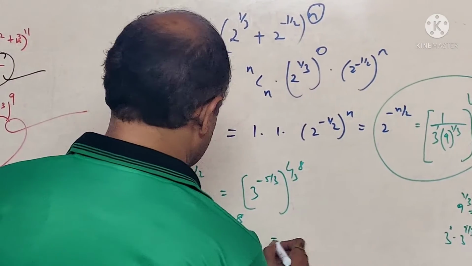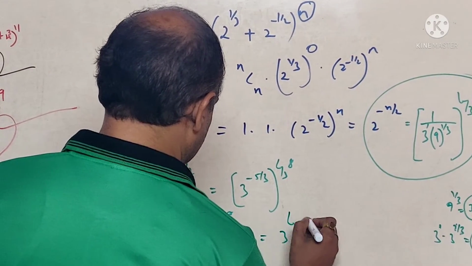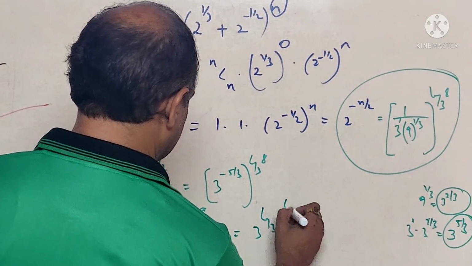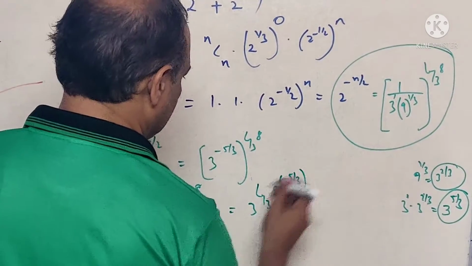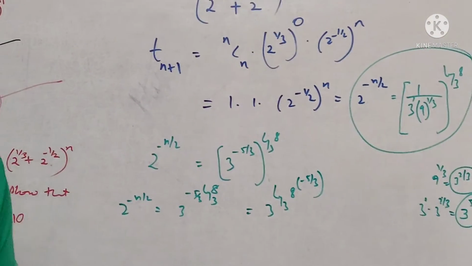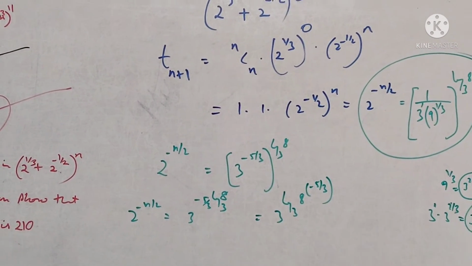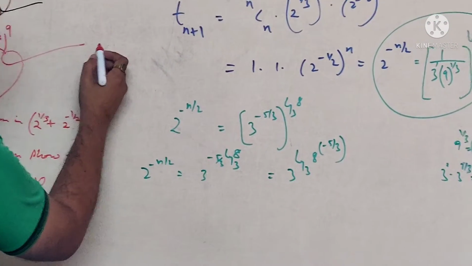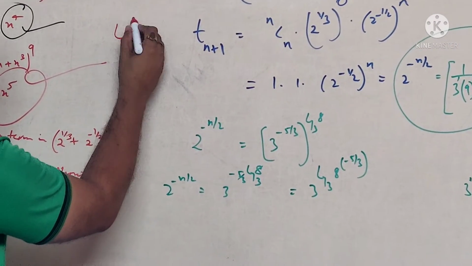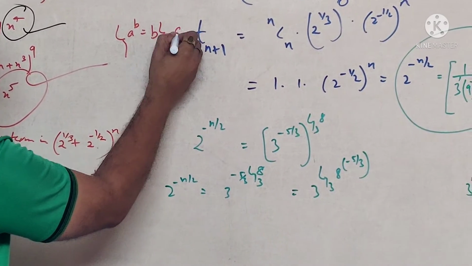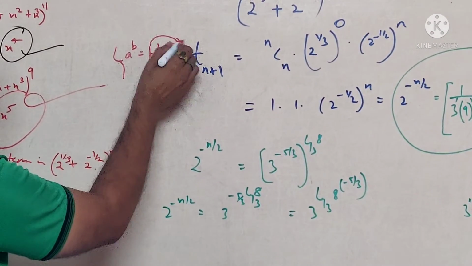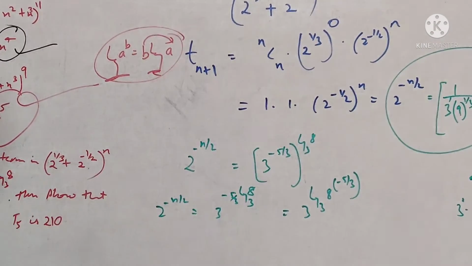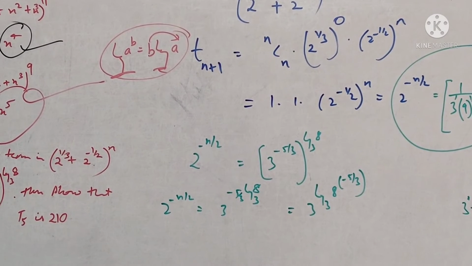We can write it as 3 log 8 base 3 power minus 5 by 3. Because what you know is log a power b is equal to b log a. This can go upwards here in this place. Therefore, we have all these things.